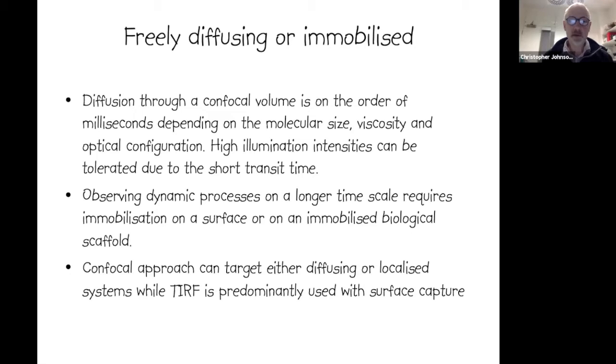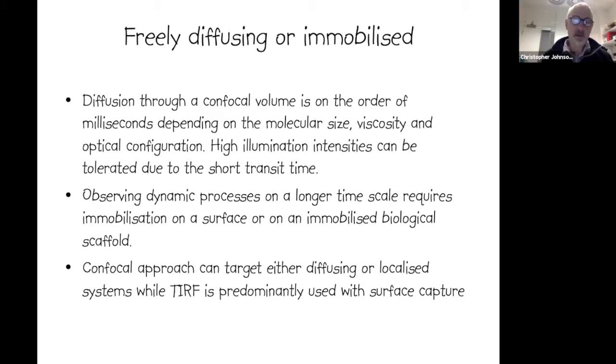So if we're interested in processes that occur on a slower time scale, then we may need to consider immobilizing the molecules. So observing these requires immobilization. Another approach that you can use, apart from immobilizing your molecules on a surface, is to have an immobilized biological scaffold presented in solution that your molecule of interest can interact with.